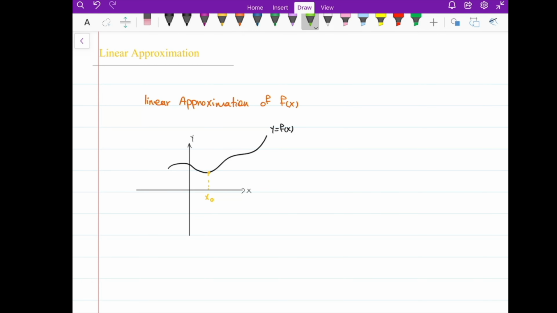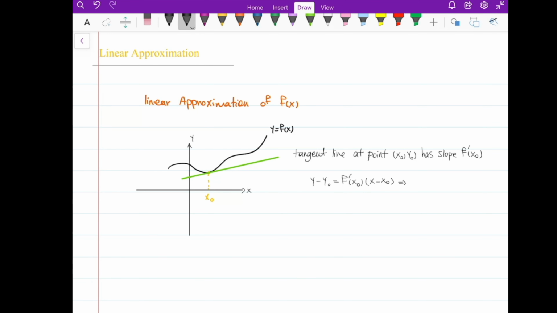I have a line that is called tangent line, and I'm gonna say that the tangent line at a point x naught and f of x naught, which I'm gonna call y naught, has the slope f prime of x naught, and I'm gonna write the equation of that as y minus y naught is equal to f prime of x naught times x minus x naught.